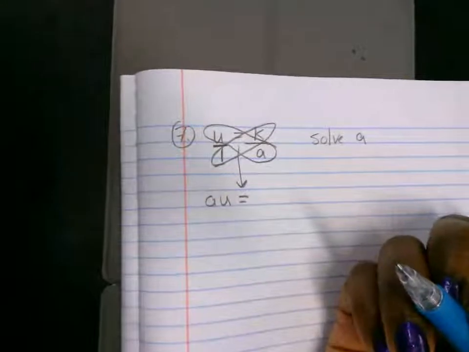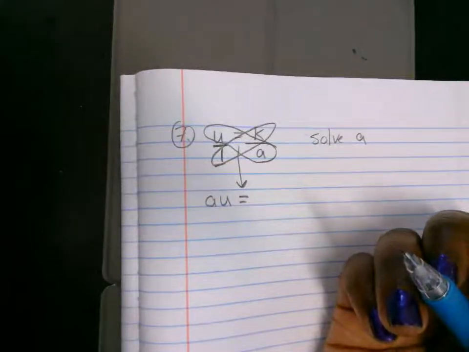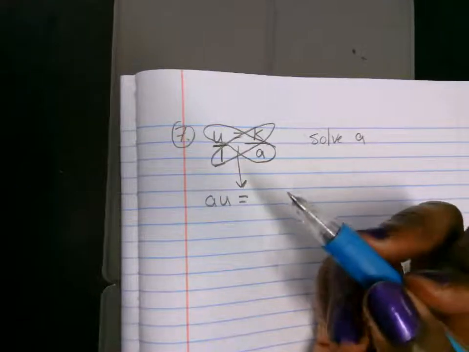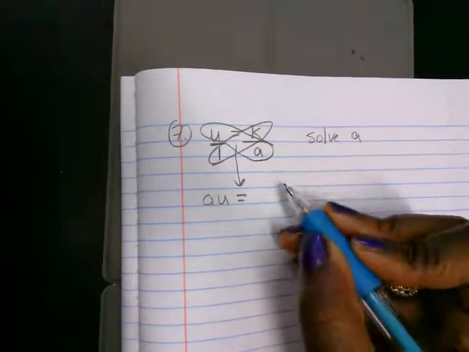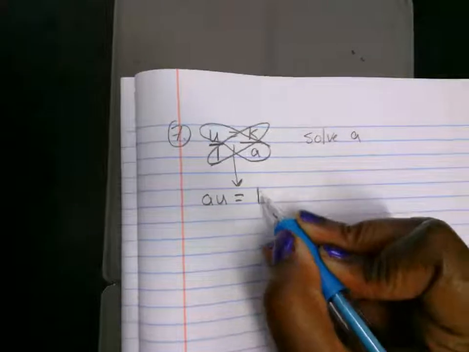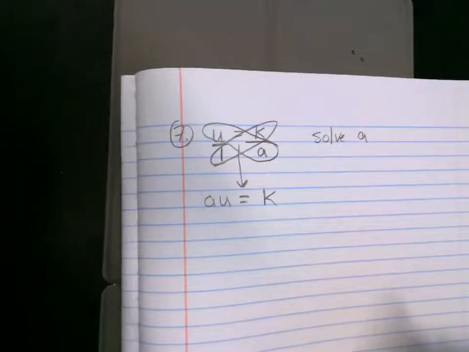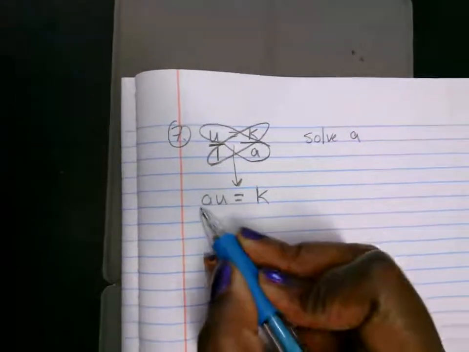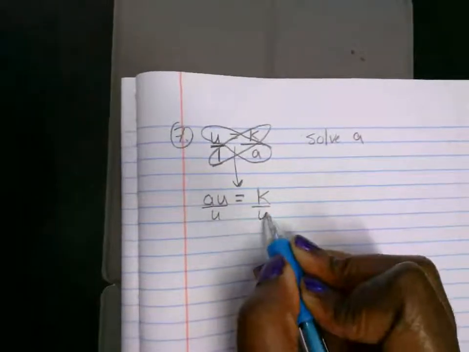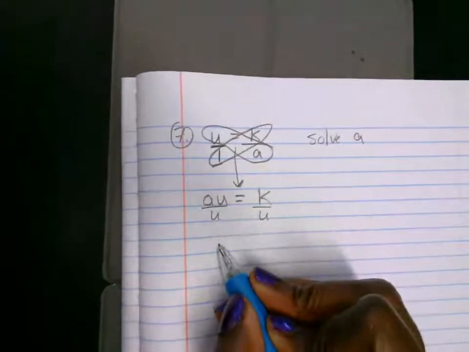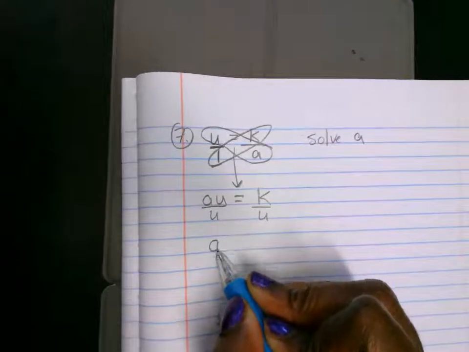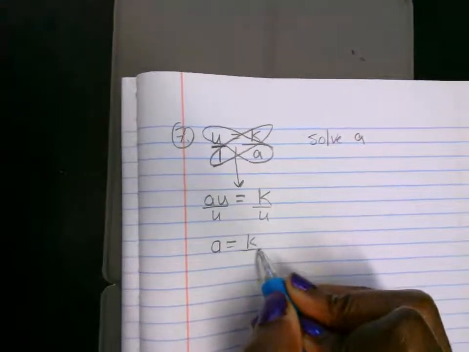Then I'm going to multiply 1 times K, and that's just K. So now that looks like it makes the problem a lot easier to solve. How do we solve for A? You divide by U on each side. And so this gives me on this side A. A equals K divided by U.